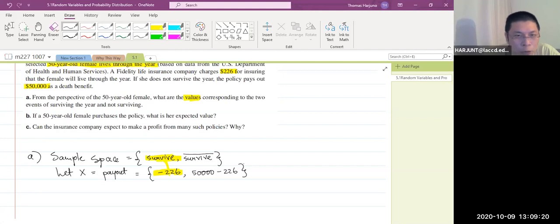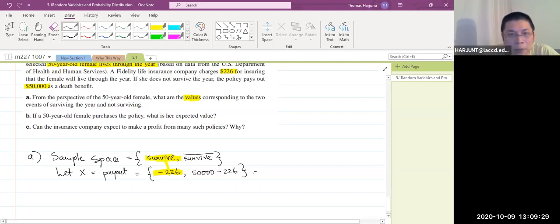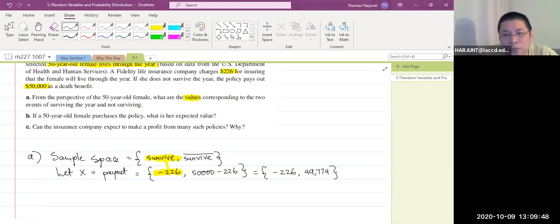If you survive, you don't get that money back. If you don't survive, you'll get only 50,000, right? So basically, the values corresponding to that is negative $226 if she survives, or $49,774 paid to her estate, the children maybe, if she passed away.